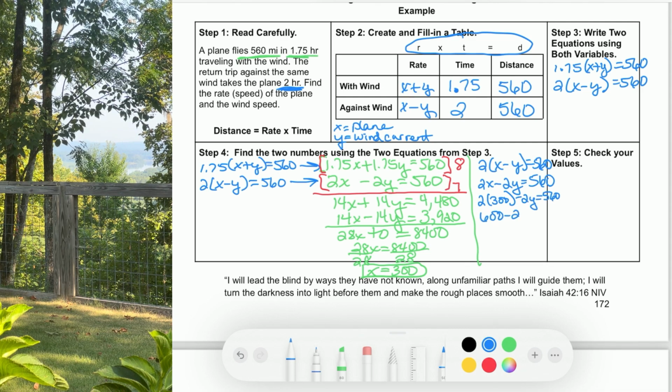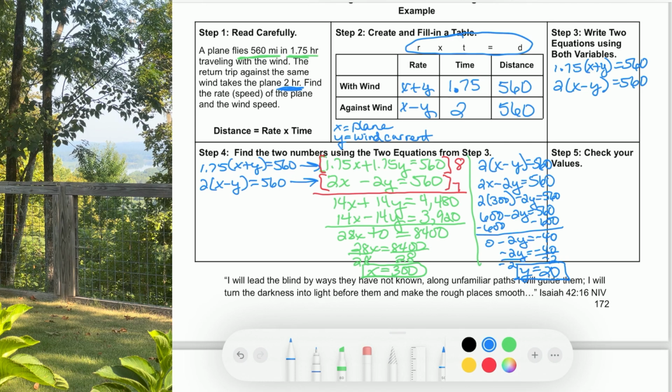And it was 600 minus 2y equals 560. Subtract 600 from both sides. I get 0 minus 2y equals a negative 40. So negative 2y equals negative 40. Divide both sides by a negative 2, and I get y equals 20. So my wind was blowing at 20 miles per hour.